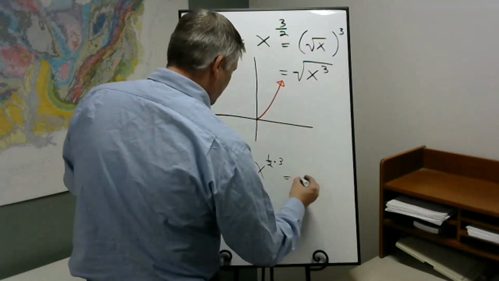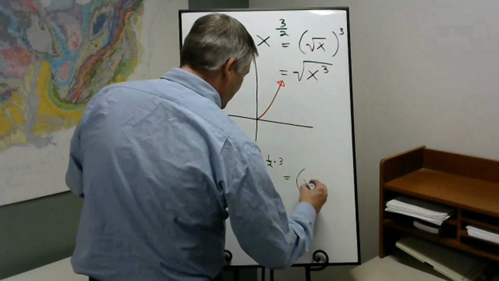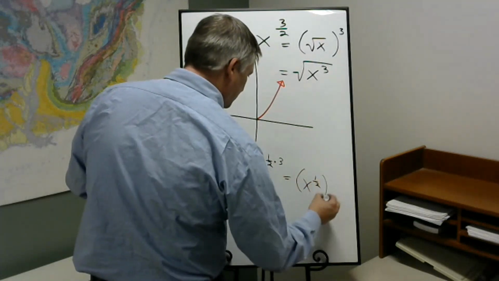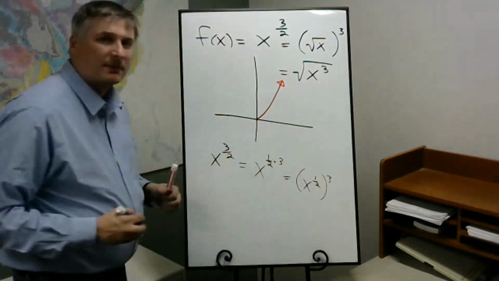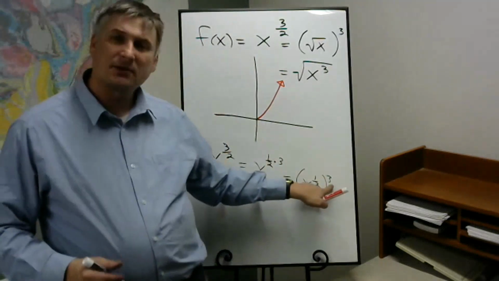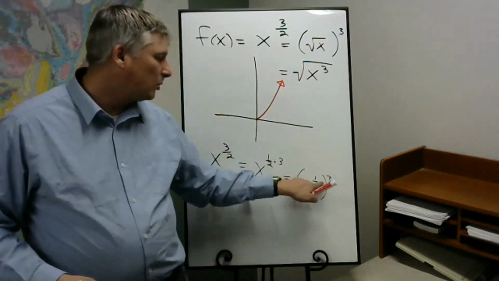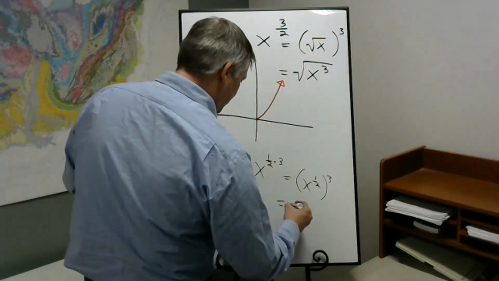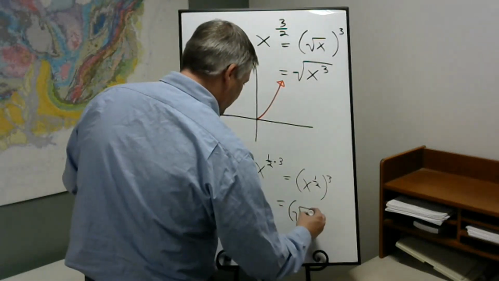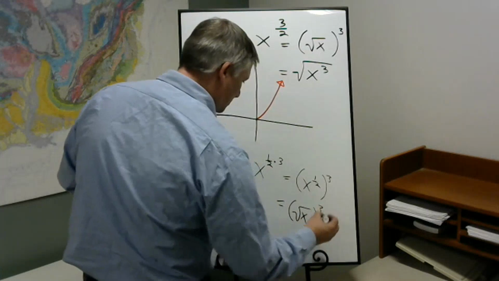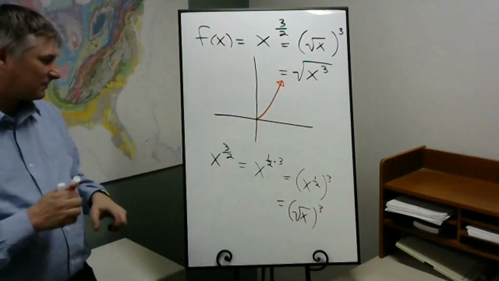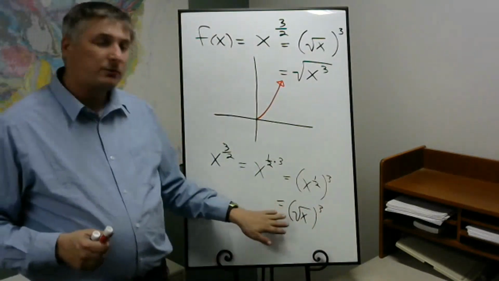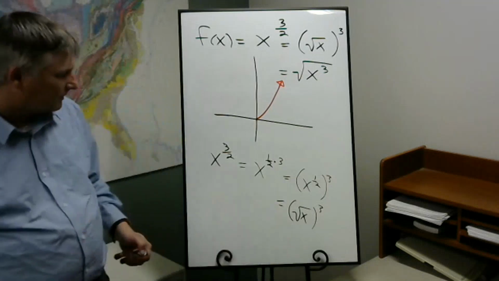And so we can rewrite this as x to the 1/2 to the 3rd power. When you have exponents like this on the outside, you multiply them together. So that means we'll have the square root of x cubed. So that's one way of going about this.